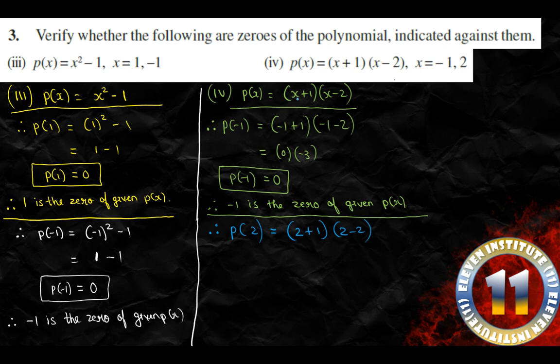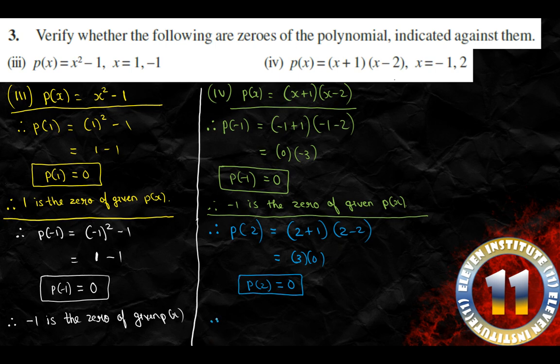See, you can see instead of x we have written 2. Again instead of x we have written 2. Now 2 plus 1 we get 3, and 2 minus 2 we have 0. So 3 into 0 will give us 0, because anything multiplied by 0 is 0. So again we get p of 2 is equal to 0.